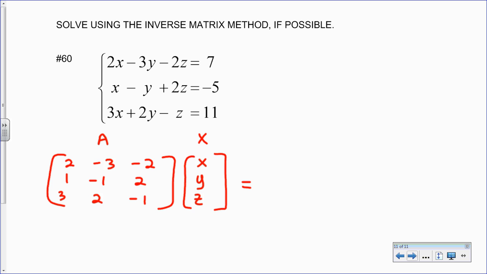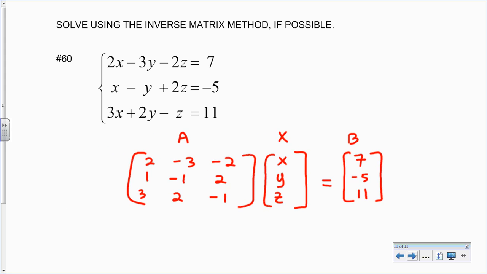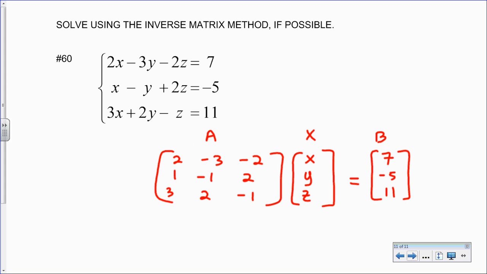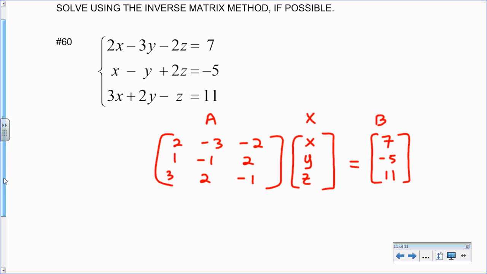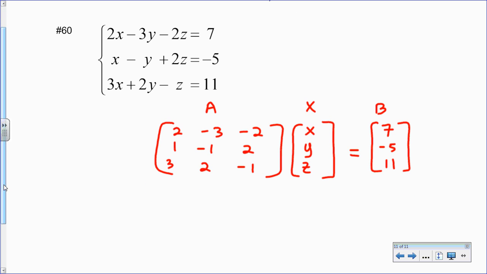And then you want your answer matrix, which is 7, -5, 11. Scoot that over so I can see it to enter in the calculator. Okay, so AX equals B. So multiply by A inverse.